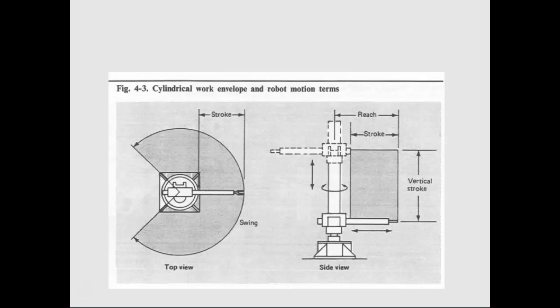So, a cylindrical robot. Now the whole thing about anything that's got a rotational axis, no rotational axis actually runs a full 360-degree turn. Why is that? The question was, why do none of the robots swing a full 360?